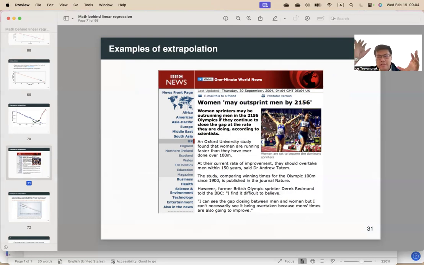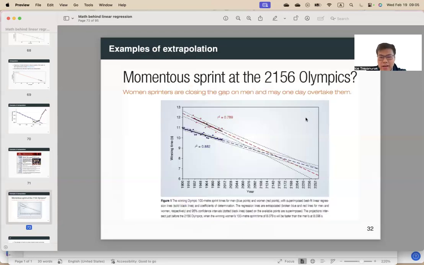One graph is going this way, one graph is going the other way, and eventually we will pass, right? So the visual look is this one right here, where you can see the winning time, the fastest time, is going down faster for women. So maybe one day women will surpass men.